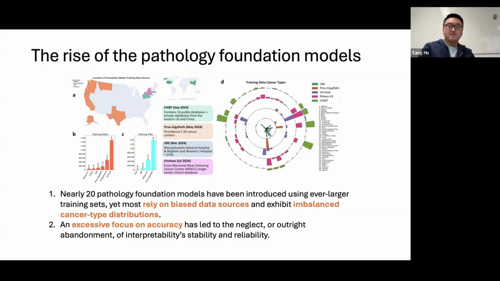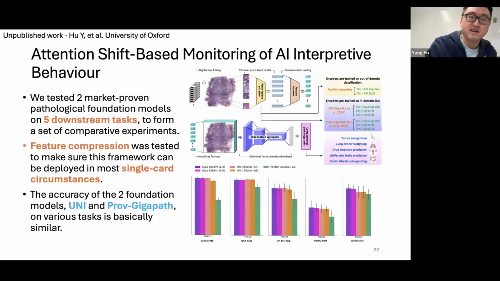They focus too much on accuracy, and they indeed get very good performance on those public benchmarks, but we find that the stability and reliability of their explainable results is not so good. I will show you more results here.